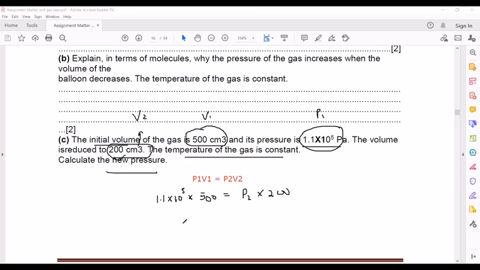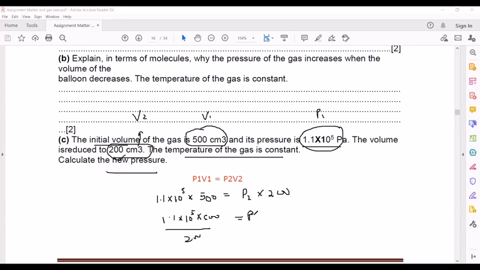So 200 is multiplied on this side, on the other side it will be divided. So it will be 1.1 × 10^5 multiplied by 500 divided by 200.